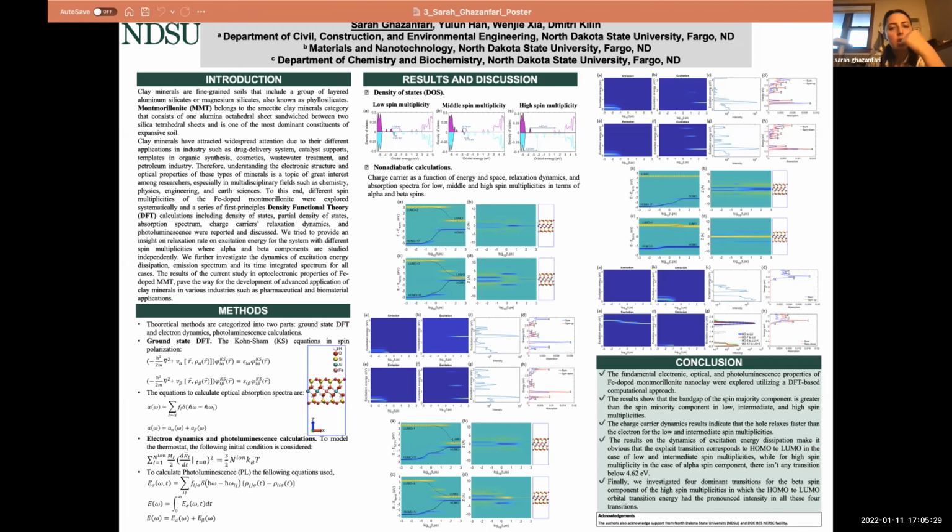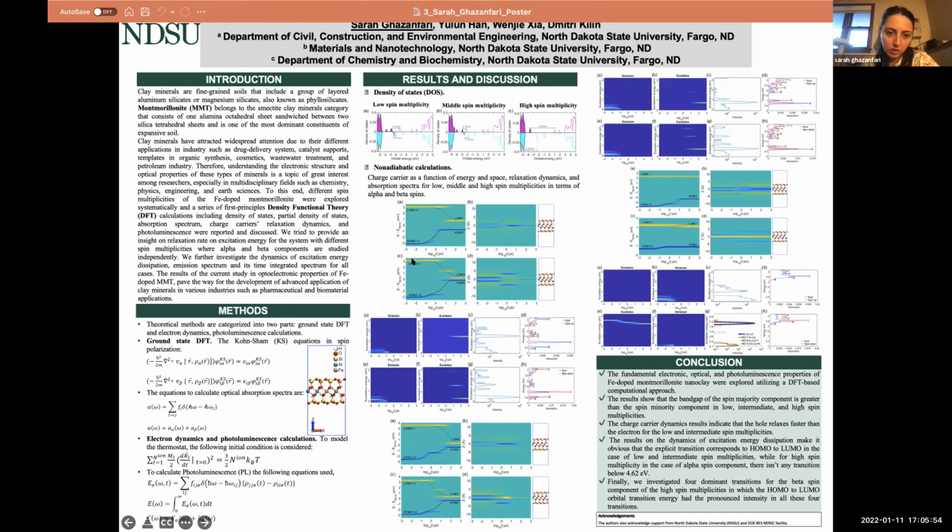For example, if I'm not wrong, for this case it is LUMO minus 17 to HOMO plus something, or here, for example, LUMO plus 2 to HOMO minus 17.